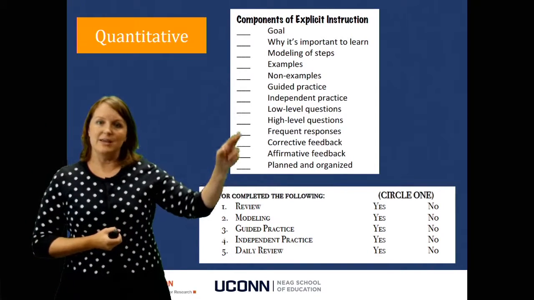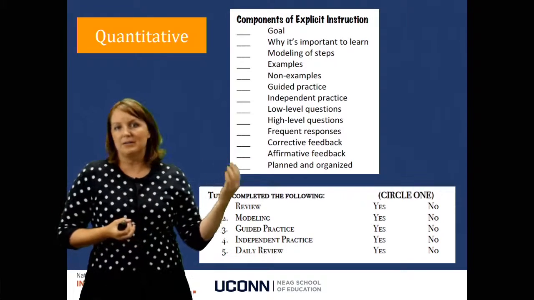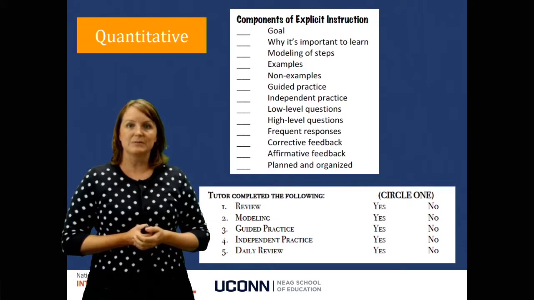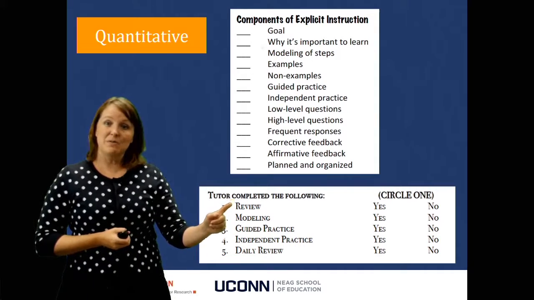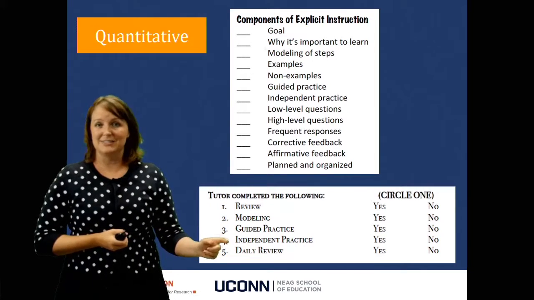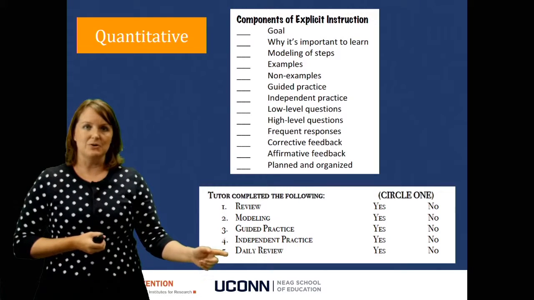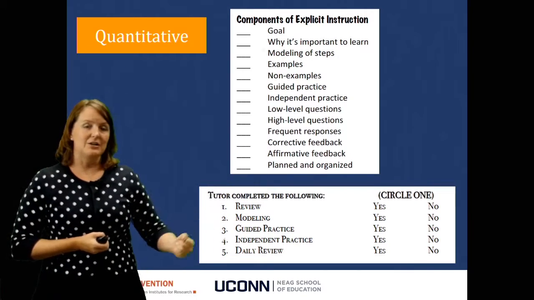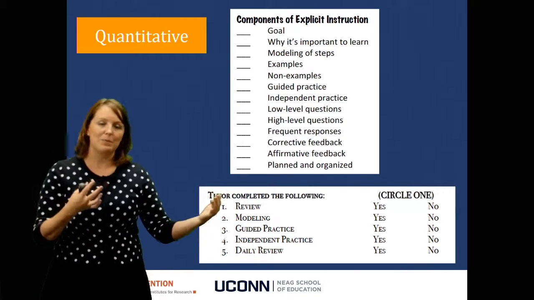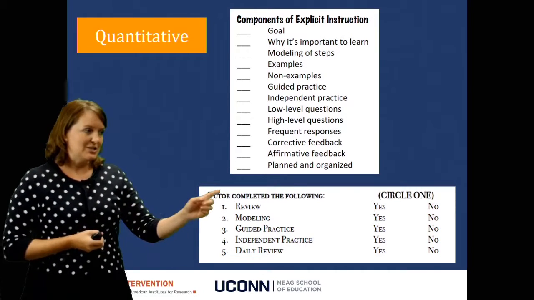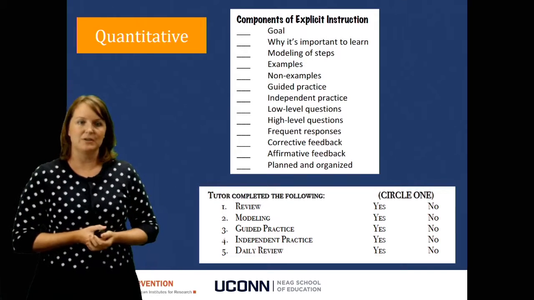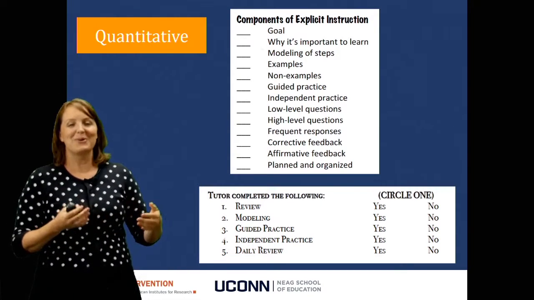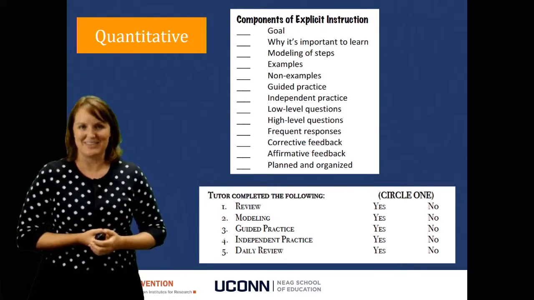So here's a briefer checklist about the components that are essential for explicit instruction. And then here's a very simple checklist. Did the teacher do the review, do the modeling, do the guided practice, the independent practice, and the daily review? Yes or no? So then I could create a score out of 5 or a percentage of time that the teacher adhered to what the program was supposed to be, how the program was supposed to be done.